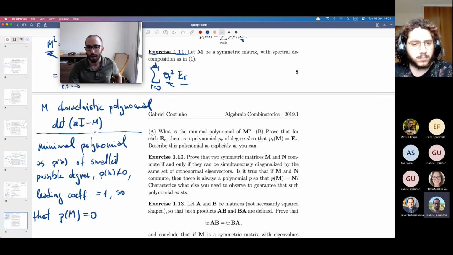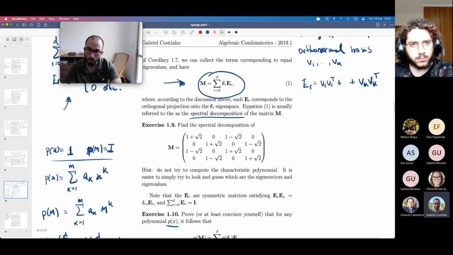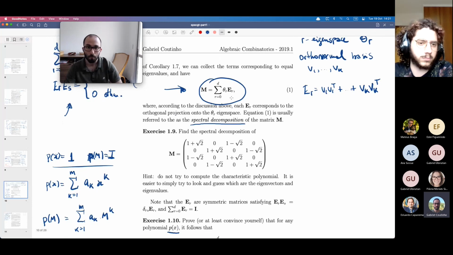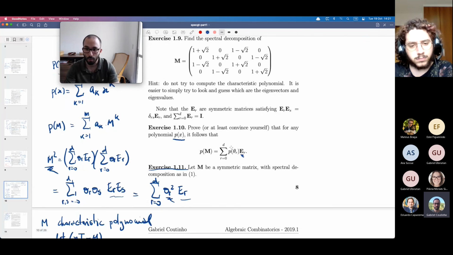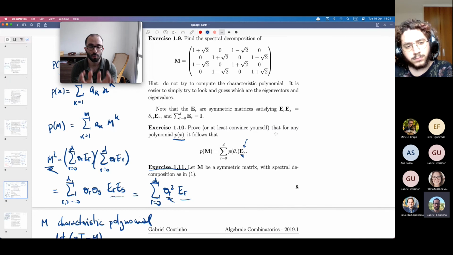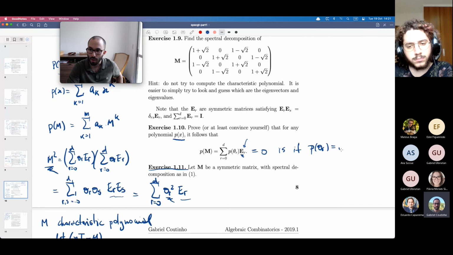Why? Because by looking at the spectral decomposition here, and by knowing that when you apply the polynomial to M, you're applying the polynomial to the eigenvalues, and because the Er's are all independent, they're projections onto independent things, the only way this thing can be equal to 0 is if P applied at theta r is equal to 0 for all r. And this defines a polynomial.